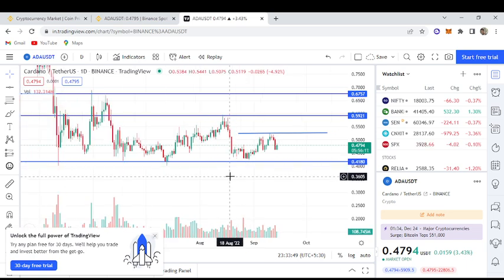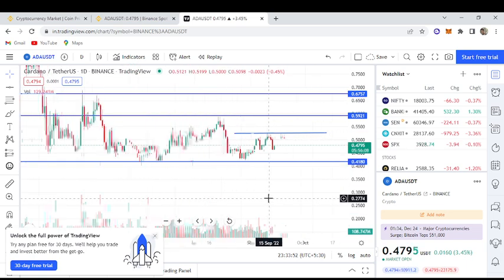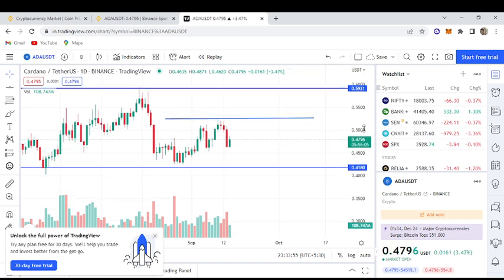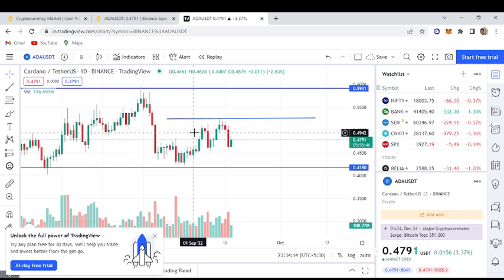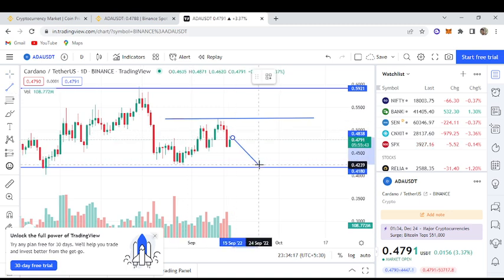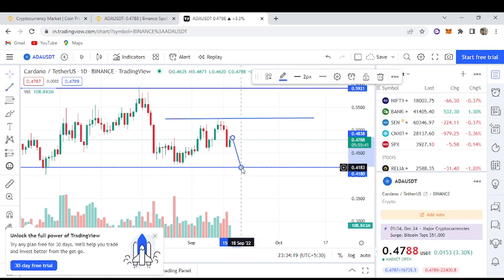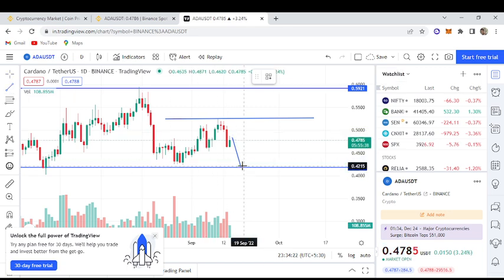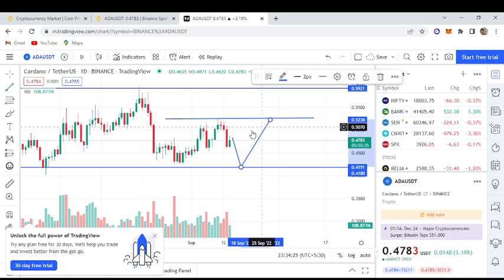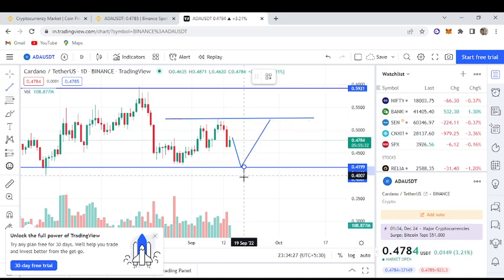So of course, if you are a daily trader or do crypto trading, what will you do here? Most probably, as I expect, it already tested the support level one time, right? This position. So there is a possibility that it dumps to here, and then either pumps to this or breaks this position and dumps.